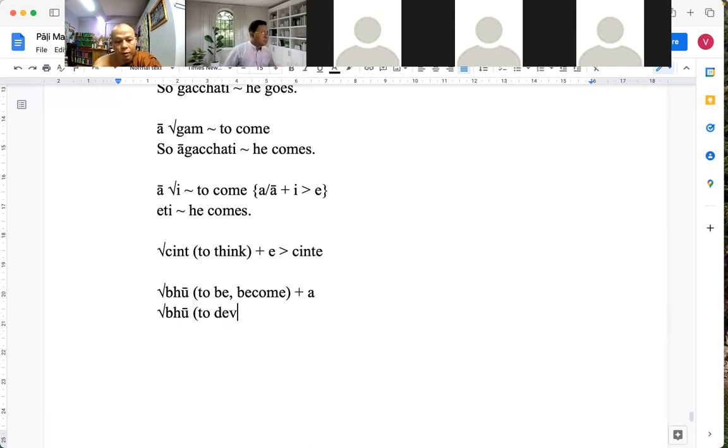Root boo means to develop, but the sign is A. So with the sign up, we have the bawa base. Bawa base by changing like this. In the root boo, this U, followed by the R side, has a natural change to the or to our.